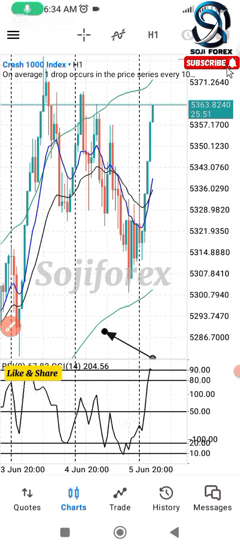Now this strategy is so effective that if you follow everything carefully, there is no way you will lose 3 trades in a row. Let me do this little calculation.